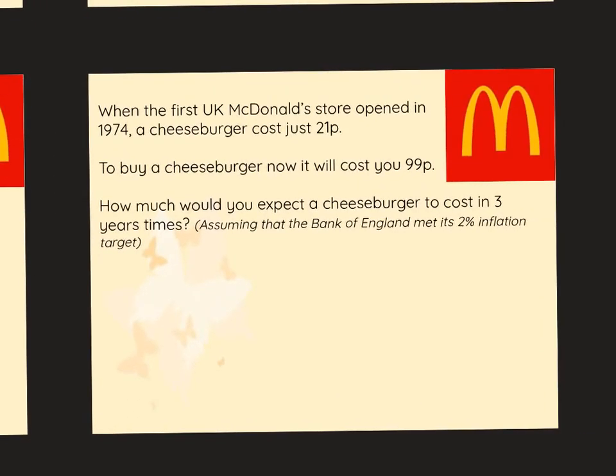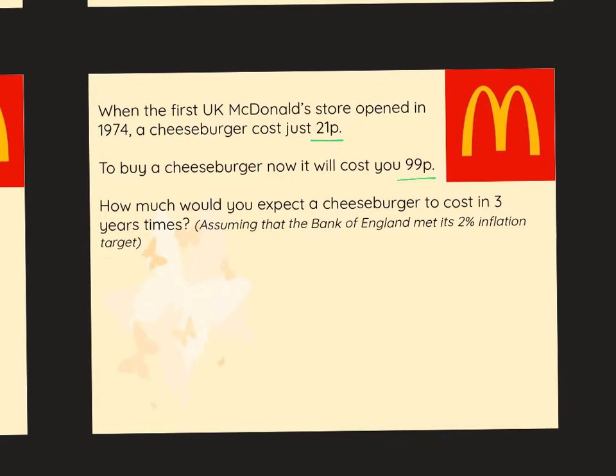So, a cheeseburger, when it first opened, was 21 pence, now it's 99 pence. How much would you expect a cheeseburger to cost in 3 years' time, assuming that the Bank of England met its 2% inflation target? So this is a repeated percentage change of 2% each year. You can't just find 2% and add it on 3 times, because you've got to find 2% and add it on, then find 2% of the new value and add it on, then find 2% of that value and add it on.